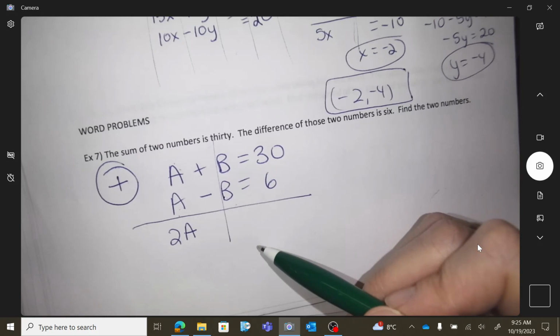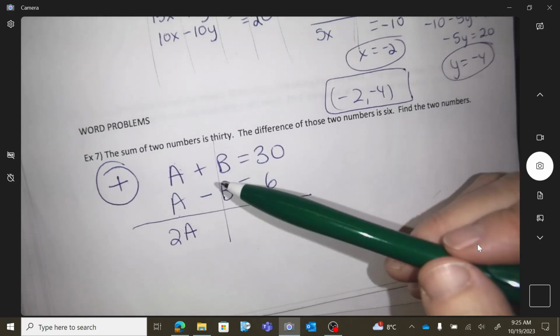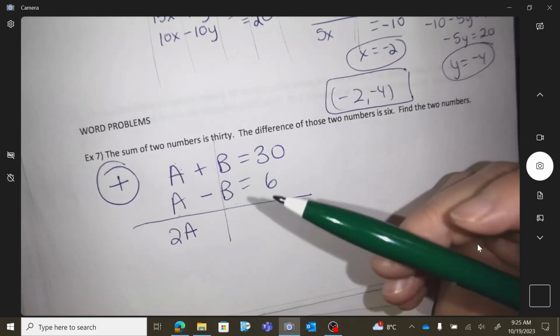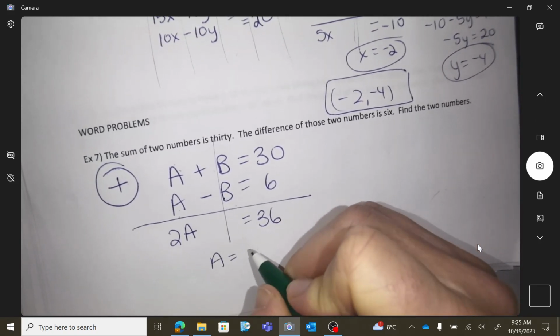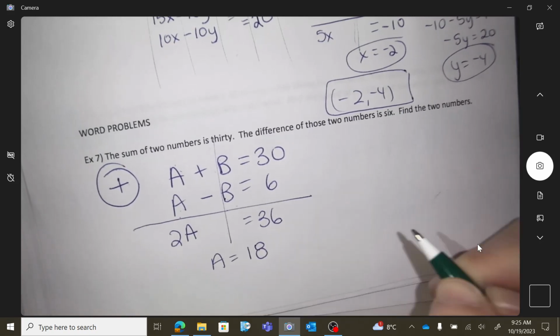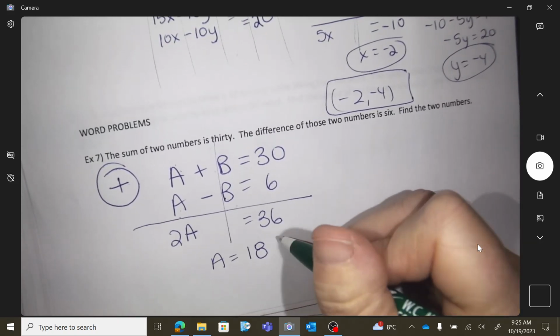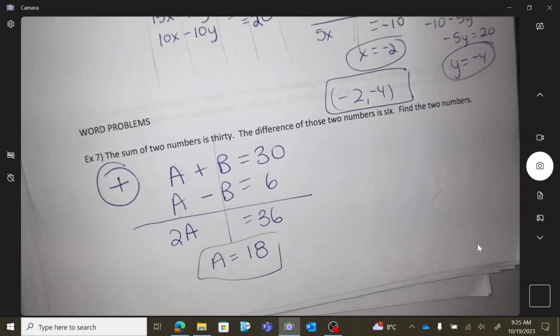Those are gone because they're not the same. They're opposite of each other. If I add them, they're gone. 36. So A is going to be 18.